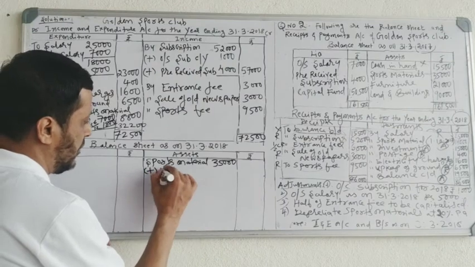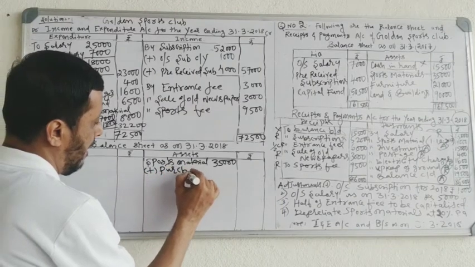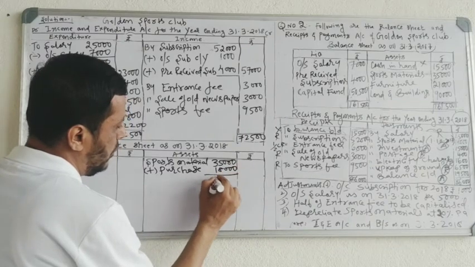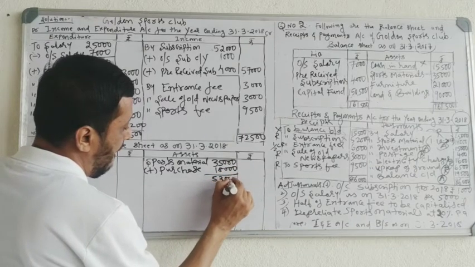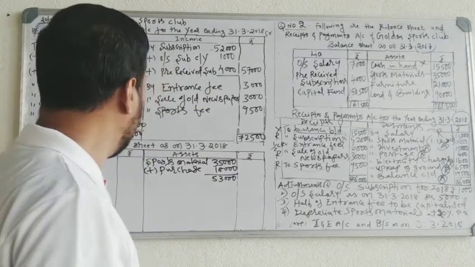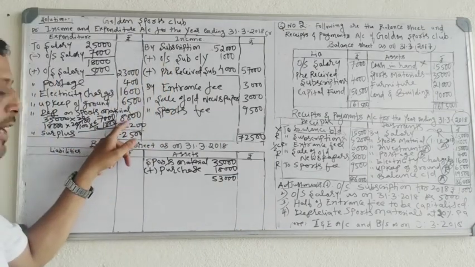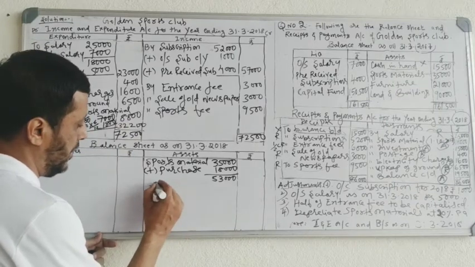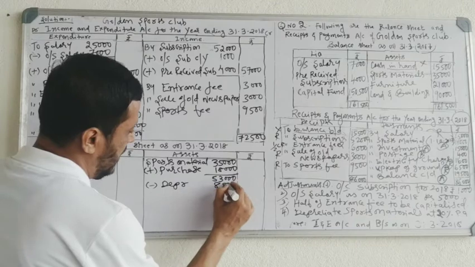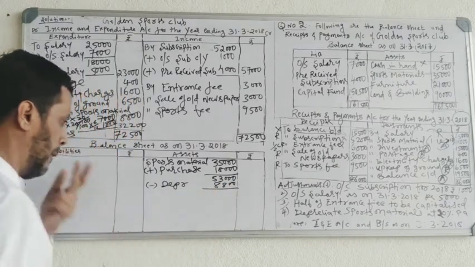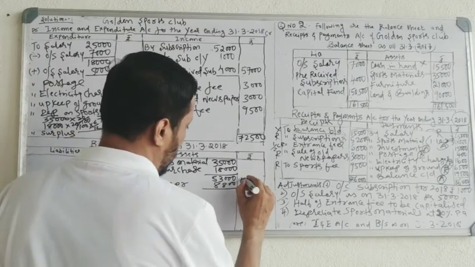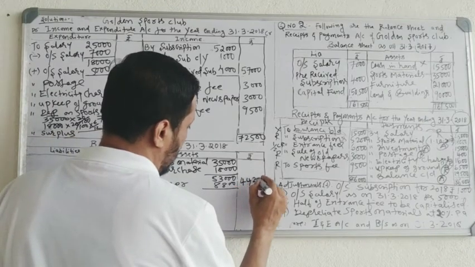Add purchase, 18,000. So the total sports material is 53,000, 35 plus 18. From this, depreciation of sports material 8,800, that you have to deduct. 53 minus 8.8 is 44,200.